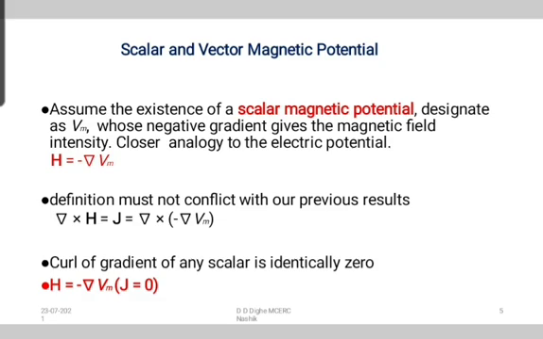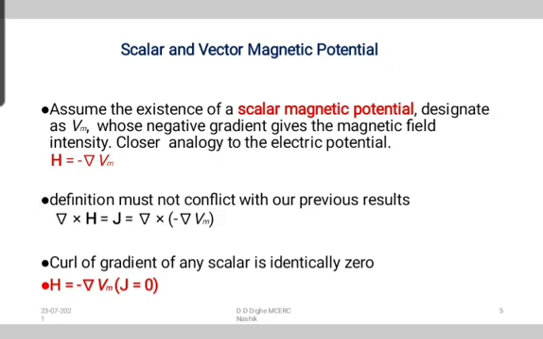If we assume the existence of scalar magnetic potential, designated as Vm, whose negative gradient gives the magnetic field intensity.